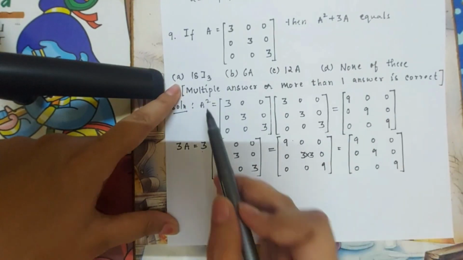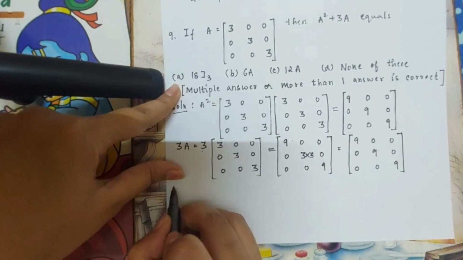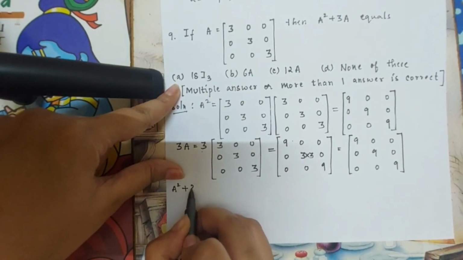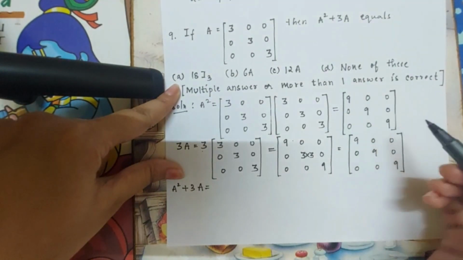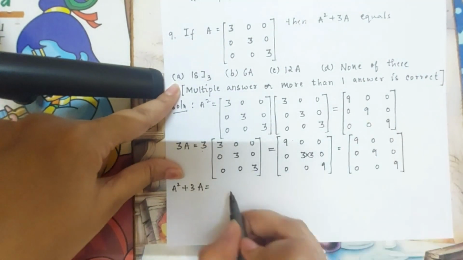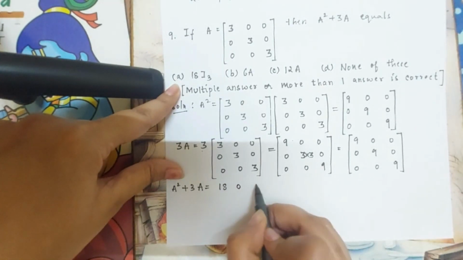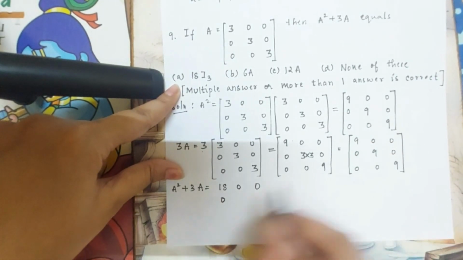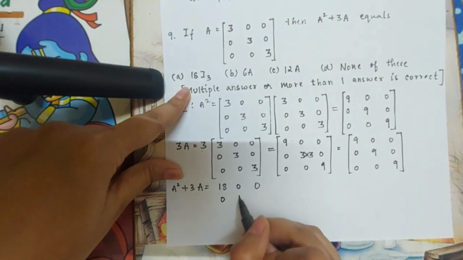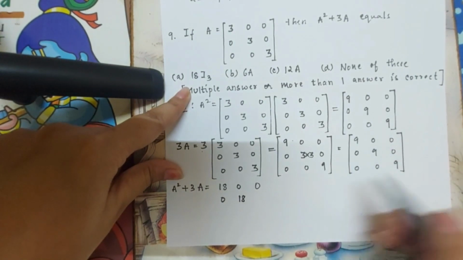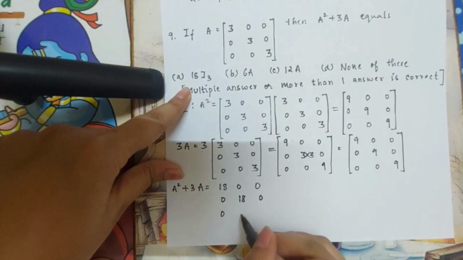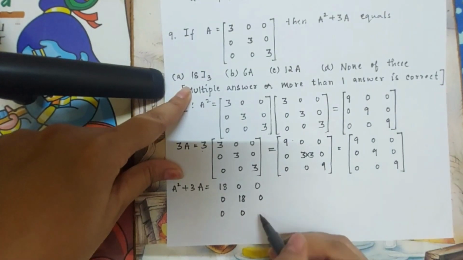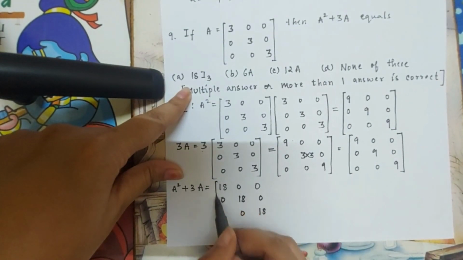Now we need to add A square plus 3A. So this gives us 9 plus 9, 18, 0 0 0, 9 plus 9, 18 again, 0 plus 0 is 0.